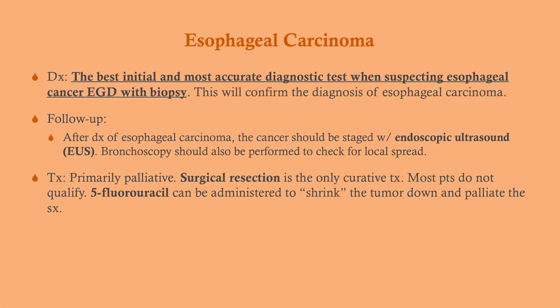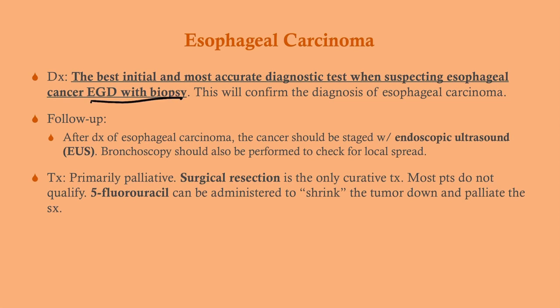Now, if you suspect cancer, which you should suspect when you've got a patient with a consistent history and with alarm symptoms, then you do an EGD with biopsy. And you have to do the EGD because you've got to get the biopsy. Now, to follow up, if you do have a diagnosis of esophageal cancer, then you need to stage.